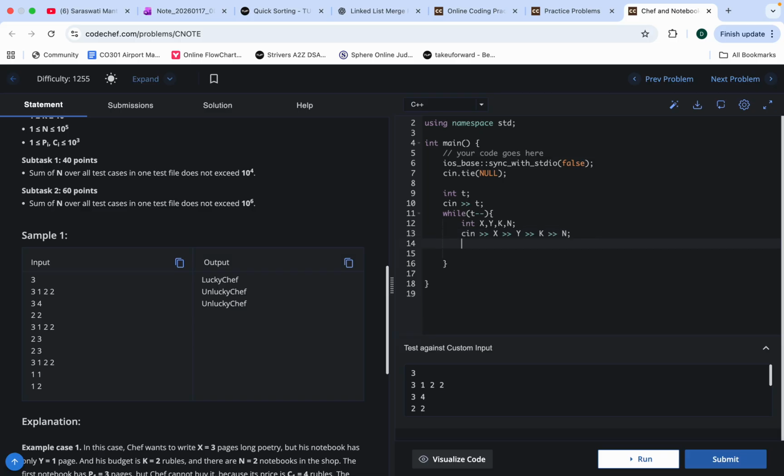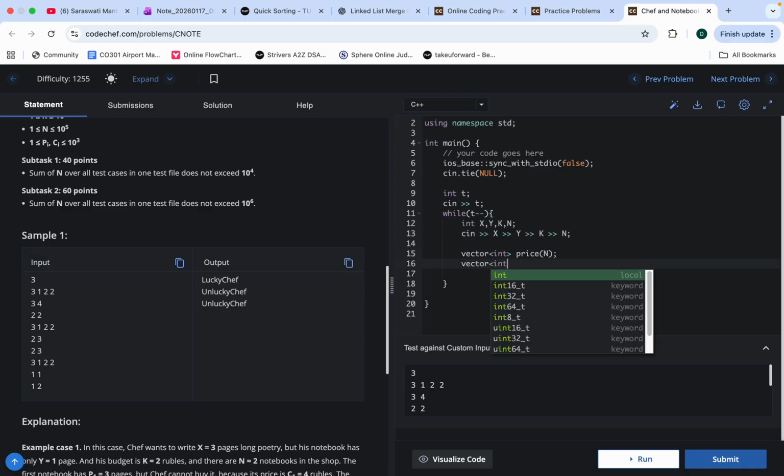So I will create two vectors. First one is for the price of n notebooks, and another one is for the pages that each has, and I'm going to take it as input.